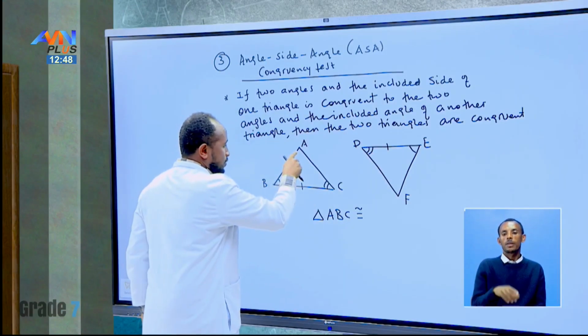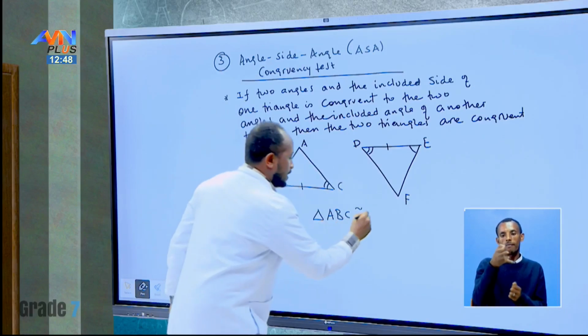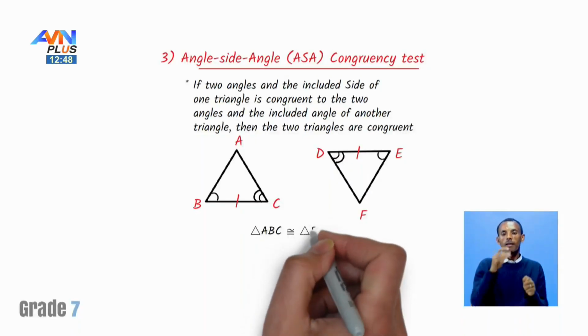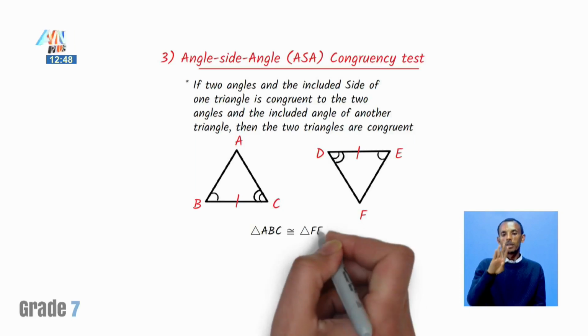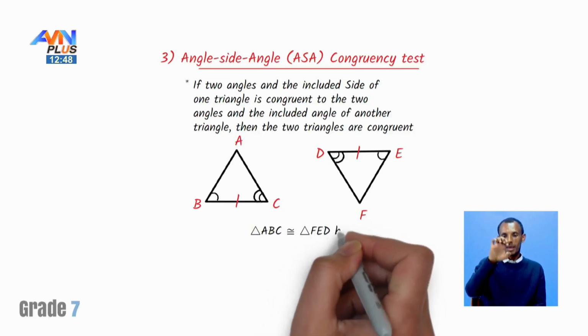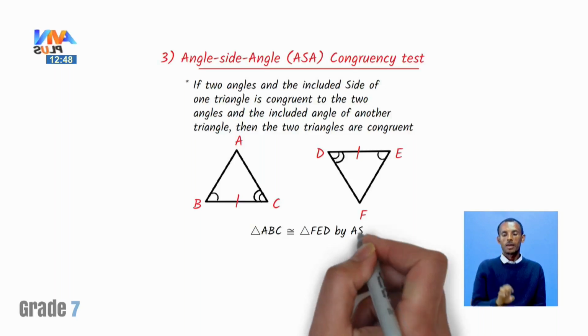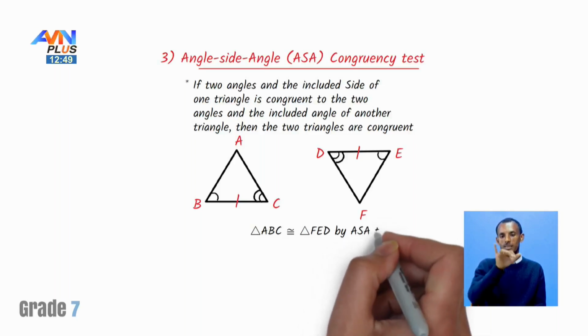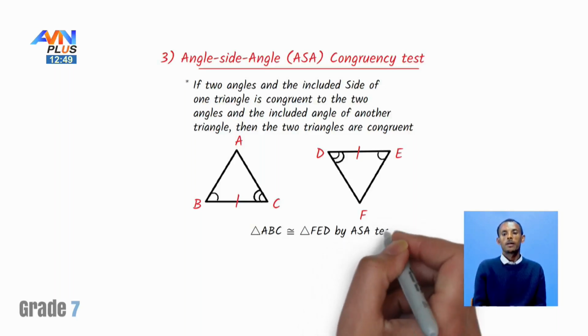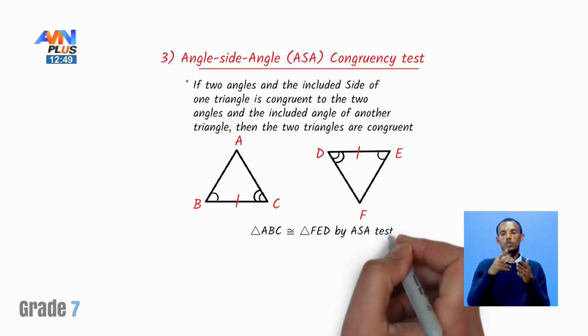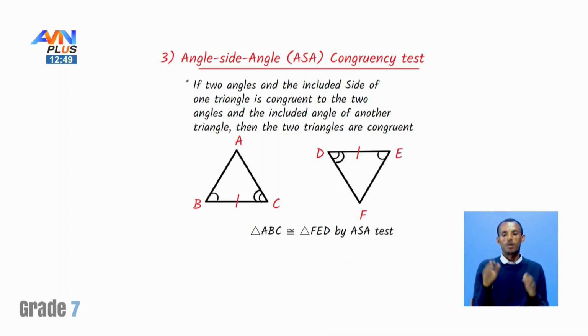So A corresponds to F. Triangle F. B corresponds to E. So triangle FE, and then C corresponds to D. Triangle FED. These two triangles are congruent by angle side angle congruency test.